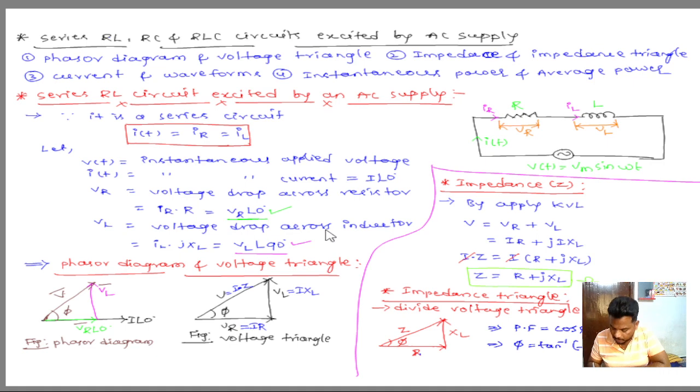Imaginary part is XL, real part is R. Phi is equal to tan inverse of XL by R. And this is the second part. We are calculating impedance, Z is equal to R plus JXL, then drawing the impedance triangle. From the impedance triangle, we write the formula for power factor, cos phi is equal to R by Z, and phase angle phi is equal to tan inverse of XL by R.